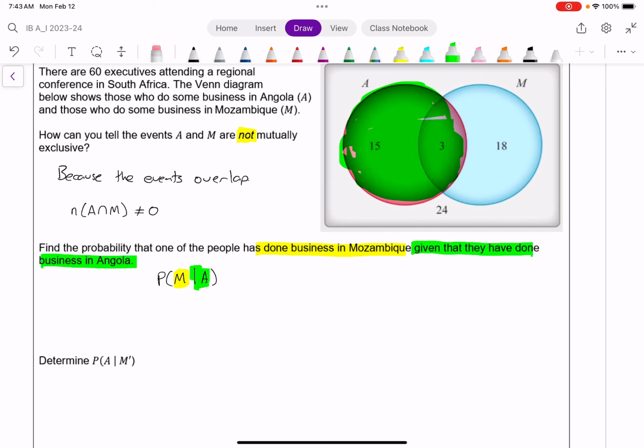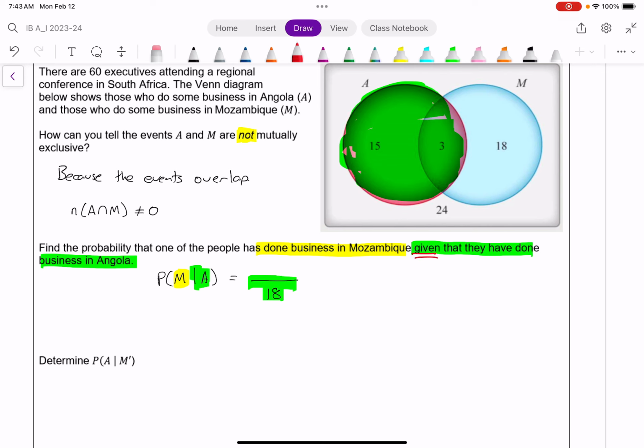That is the number of elements in the set we're looking at. I'm not looking at all 60 people. I'm only looking at those who have done business in Angola. And so in terms of my probability, for my fraction here, my denominator is not 60, it's just 18. Because again, I'm only looking at those people there because we know we have a given. We know that they've done business in Angola.